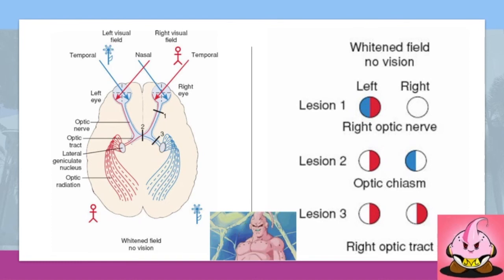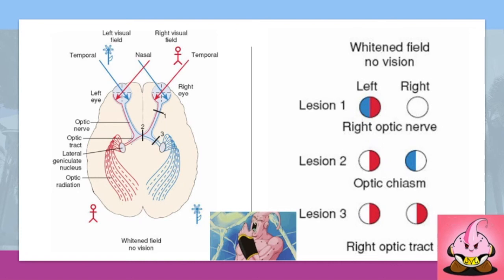Notice that if an image is seen by the right eye, it is interpreted on the left side of your brain. If an image is seen by the left eye, it is interpreted on the right side of your brain. Now look at what happens to the signals.